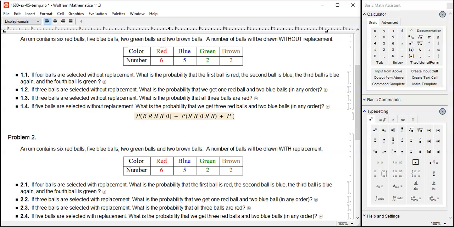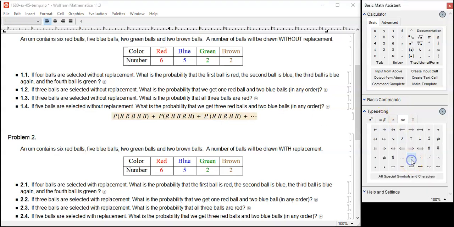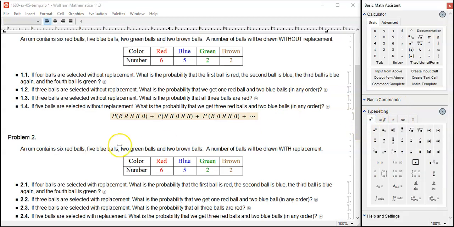And then red, blue, red, red, blue, blue. I have a problem. How many are there? And how do I exhaust all the possible orders?